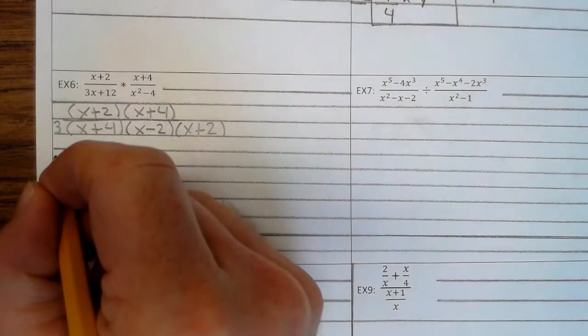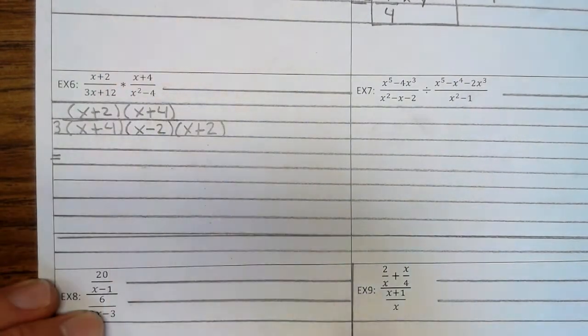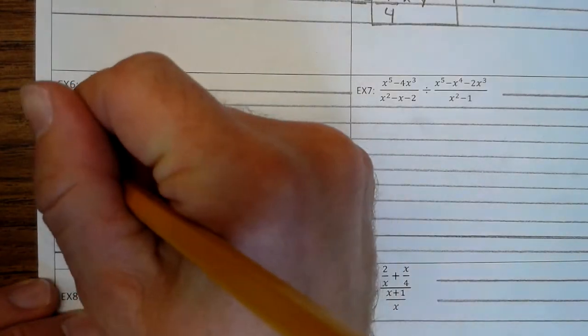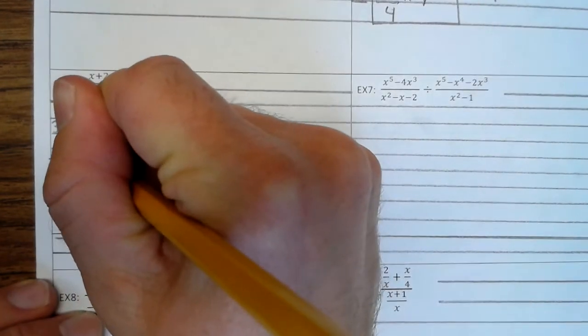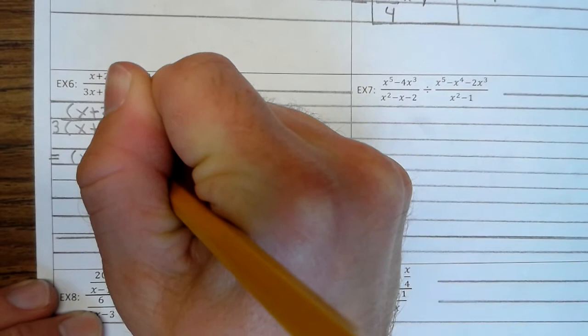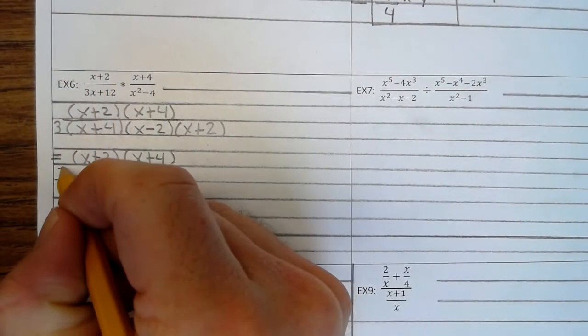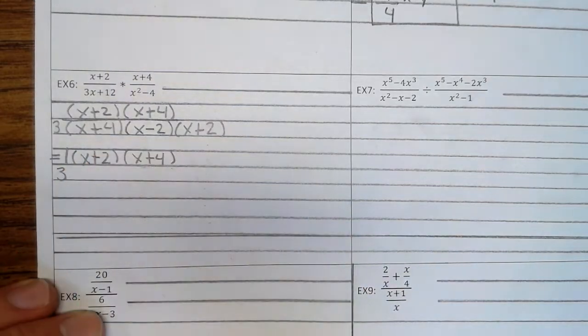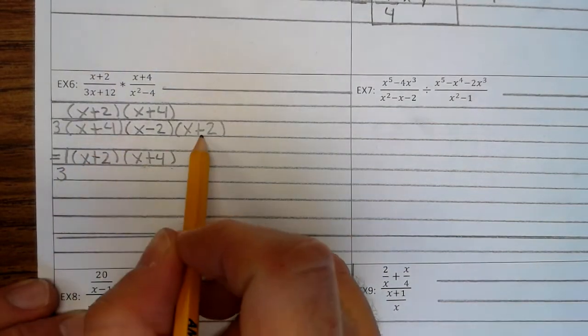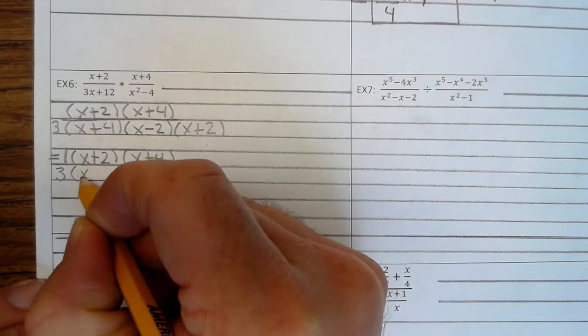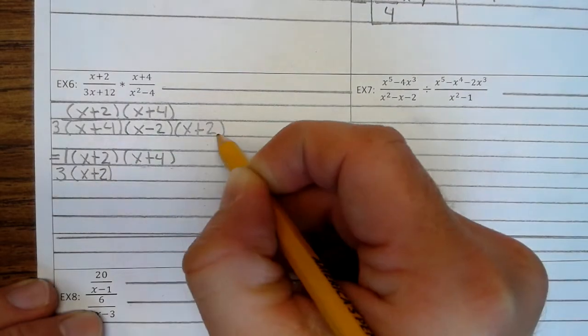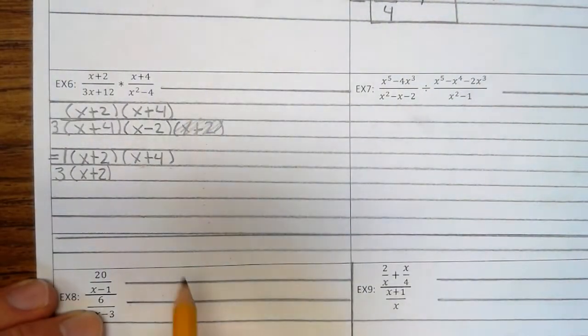Okay, which equals x plus 2 times x plus 4. Now we're going to reorder this so we can divide things out. We can't do anything with the 3. I'm going to go ahead and put a 1 in front of there. Now there's an x plus 2, and I'm going to mark it out so I don't actually use it again.